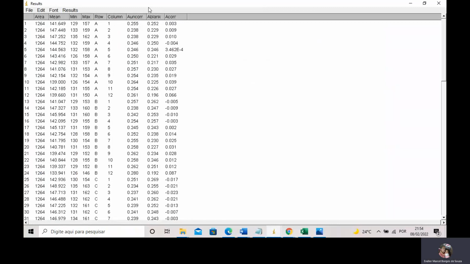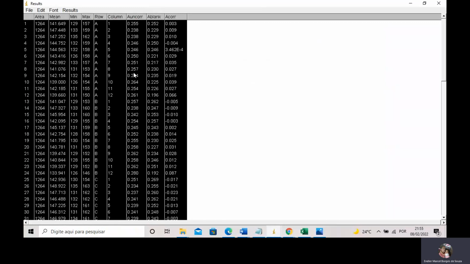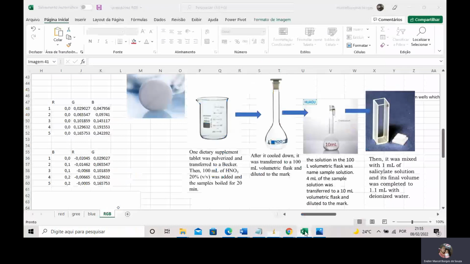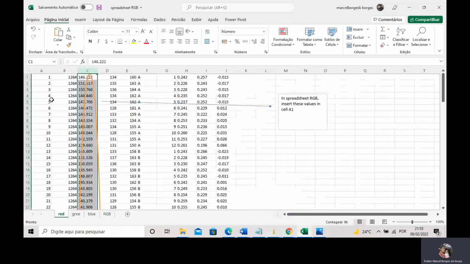You are going to press Ctrl A, select all, and we are going to the Microsoft Excel spreadsheet that I have provided to you, and we are going to put the red values in here.